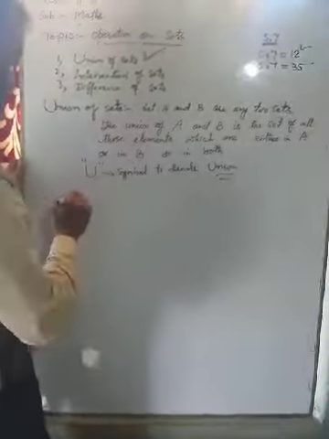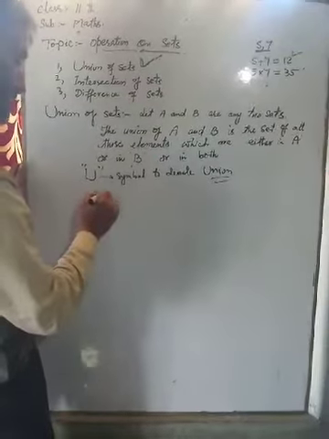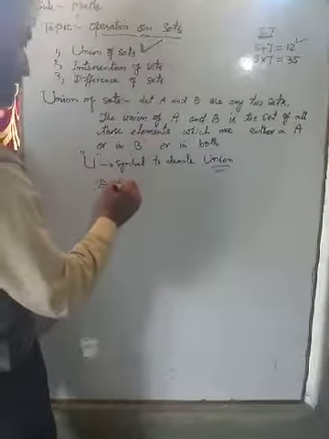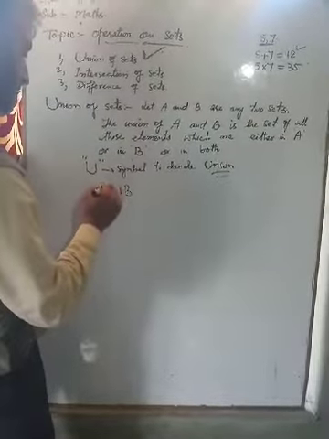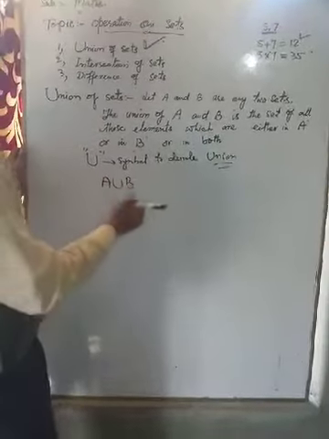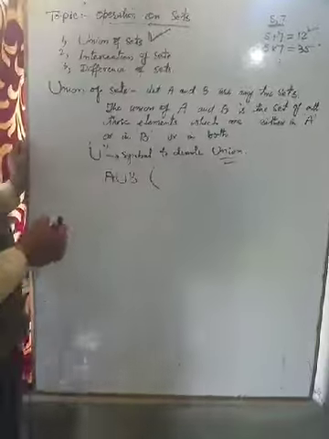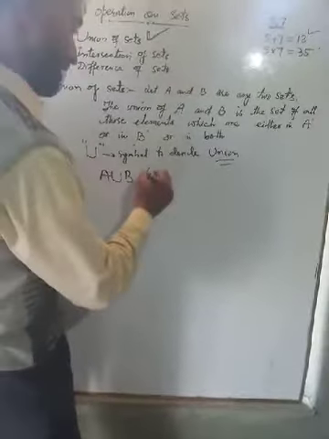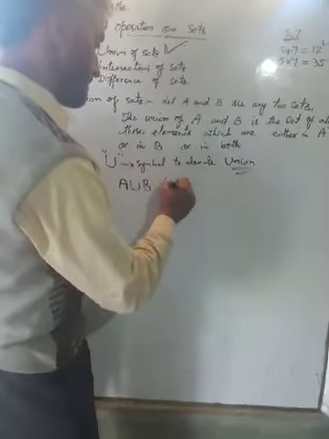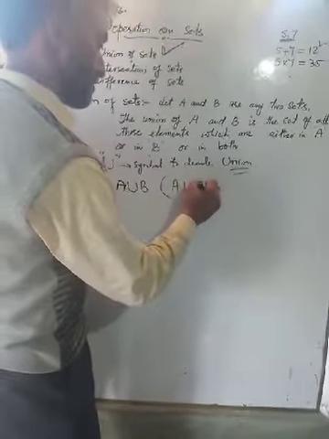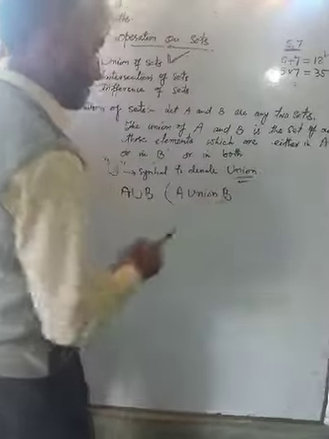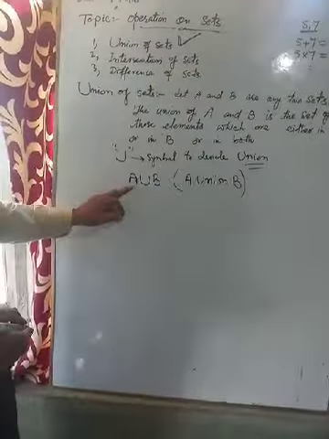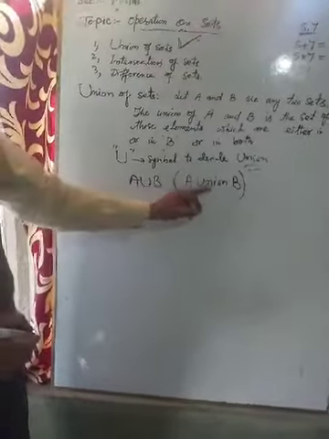And we write union of two sets just like A union B, and we read it as A union B. Dear students, this is A union B.